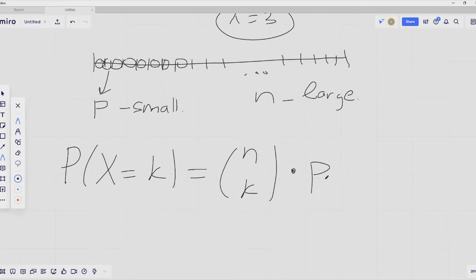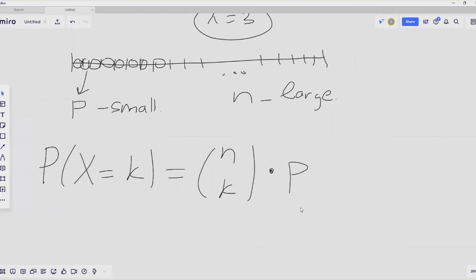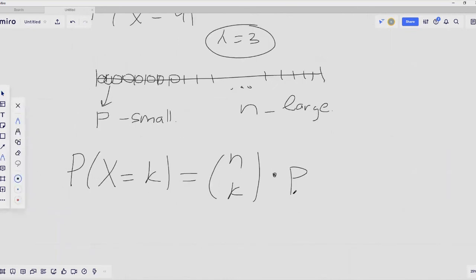In that case, success means that we have an accident happening on a single trial. So an accident happening in that given subinterval, in that given second or day, the smaller that interval, the better. p to the power of the number of successes, k, multiplied by the probability of failure to the power of n minus k.